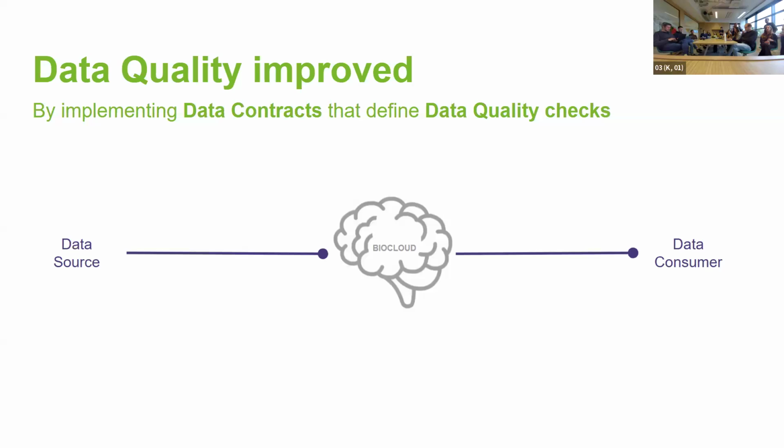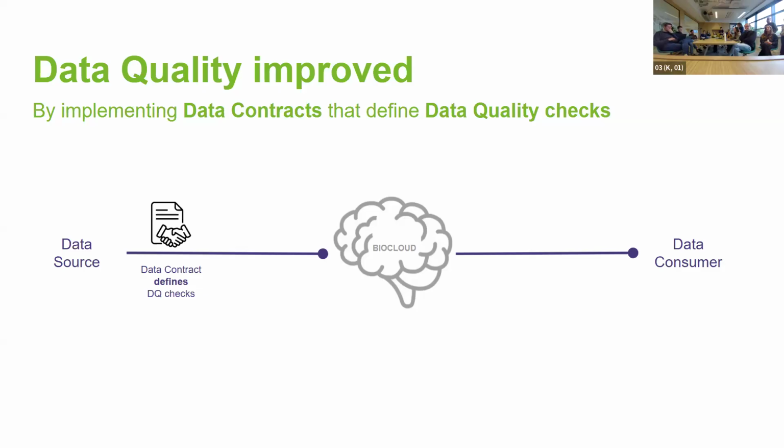Apart from just collecting a lot of data, we're also trying to make it more robust and future-proof. And so we've added data contracts and automated data quality checks. So this is a simplified schema. You have a data source that goes into the BioCloud, and we publish it to a data consumer. And now we've actually started making contracts between the data source and the BioCloud.